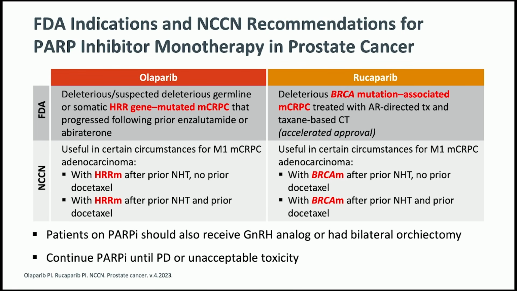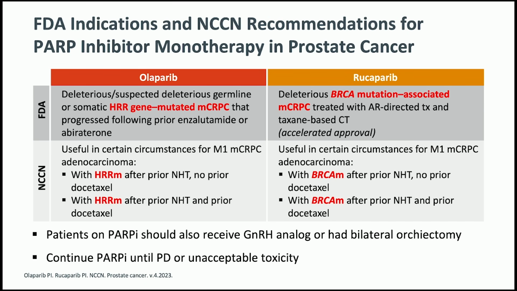So in terms of castration-resistant disease, there are FDA approvals of both olaparib and rucaparib as single agents. The FDA indication for olaparib is deleterious or suspected deleterious germline or somatic HRD-mutated mCRPC. This progressed after enzalutamide or abiraterone. So you don't need to receive taxane-based chemotherapy to receive olaparib.